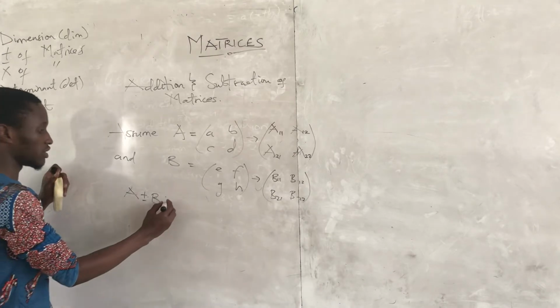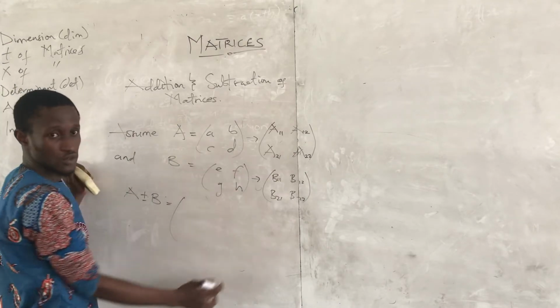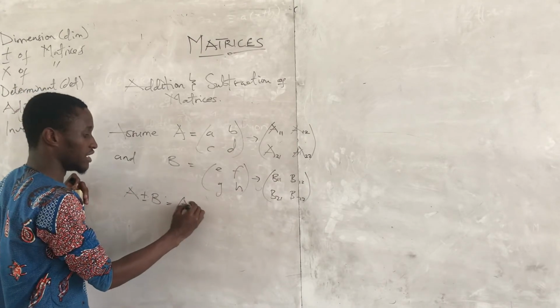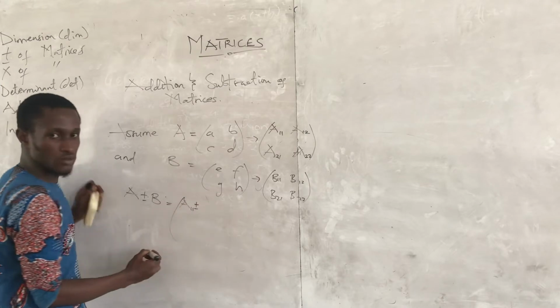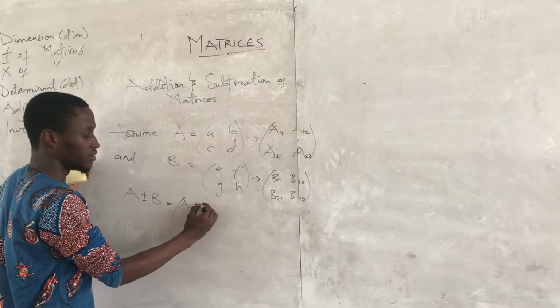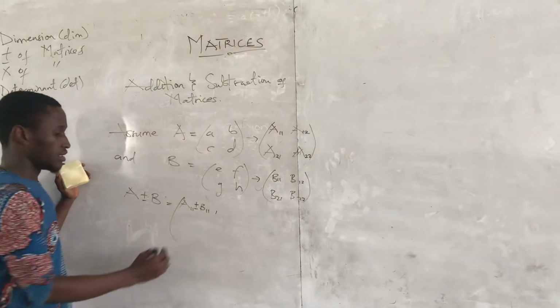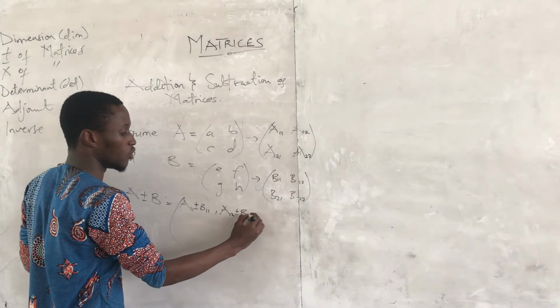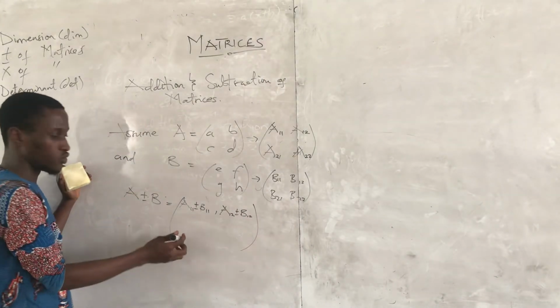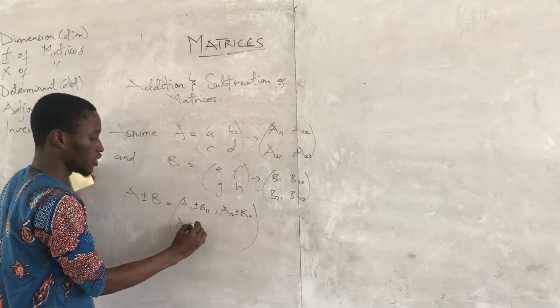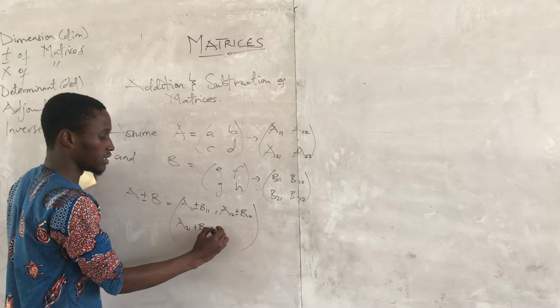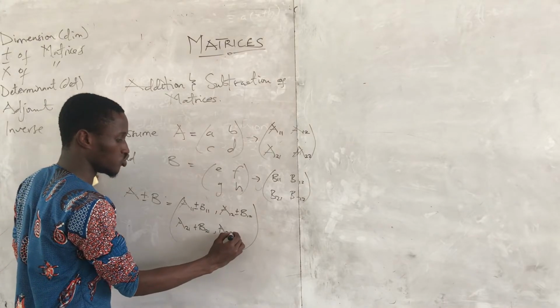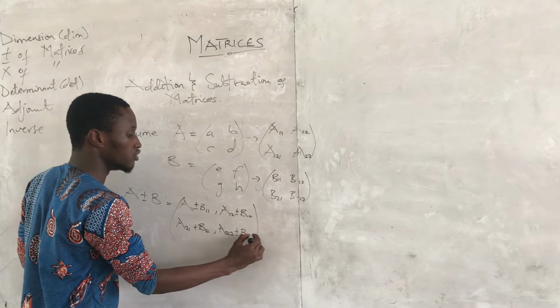So I'm going to just use the entries. The A11 will add or subtract B11, then A12 will take B12, then we come to the second row. The A21 will take the B21, and the A22 will take the B22.